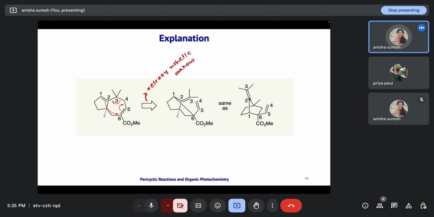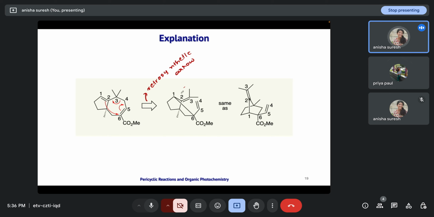So here a 3,3 sigmatropic rearrangement is taking place on the starting material, resulting in the formation of this product. If we number the atoms like 1, 2, 3, 4, 5, and 6, a bond will be forming between 1 and 6. This double bond will be shifting to 5-4, and thus the 4-3 bond will be breaking, resulting in the formation of a double bond between atoms 2 and 3.